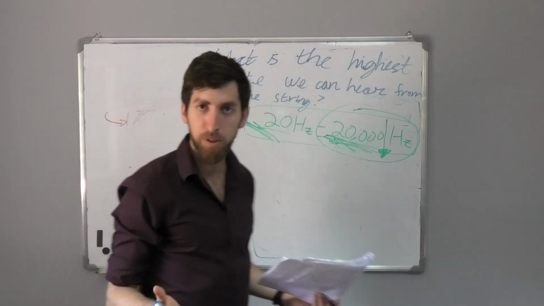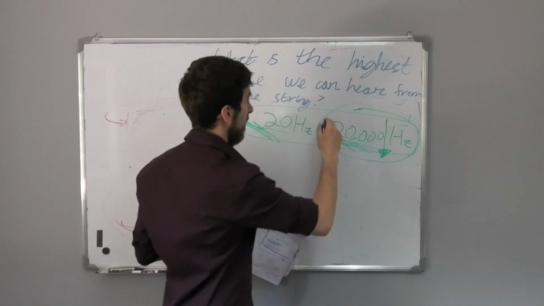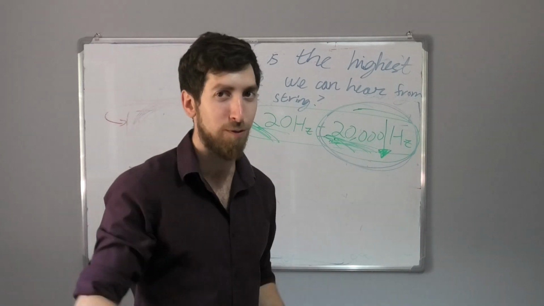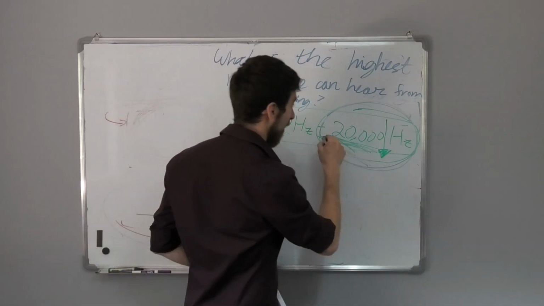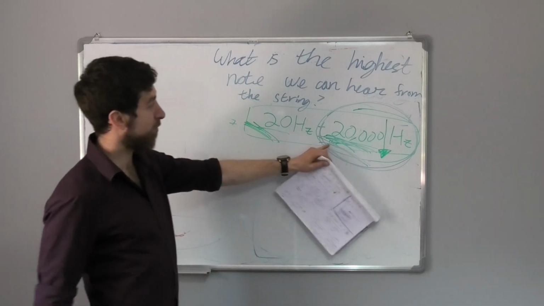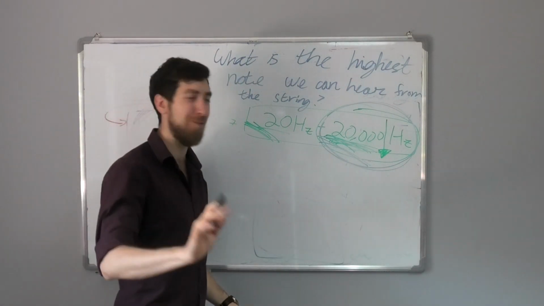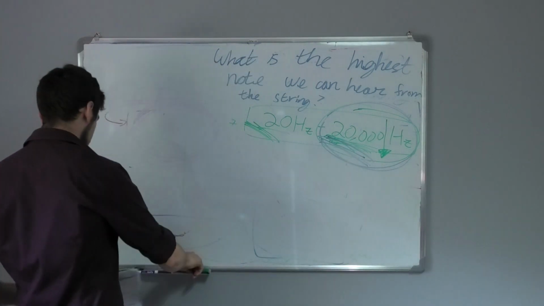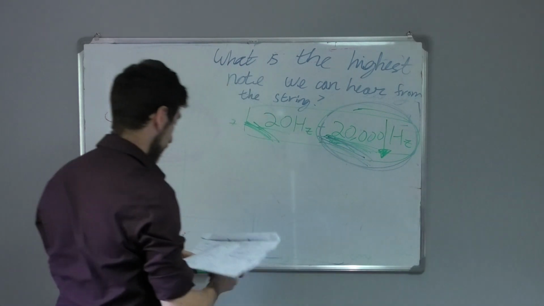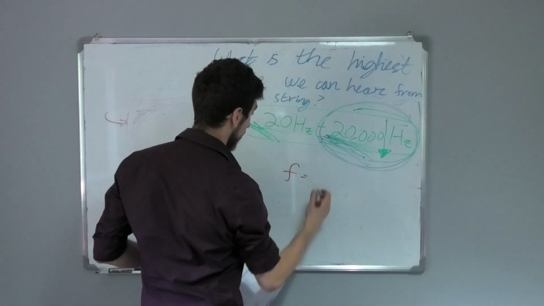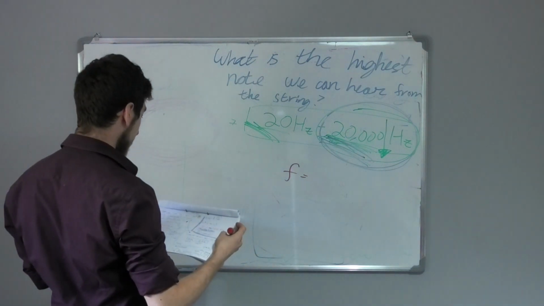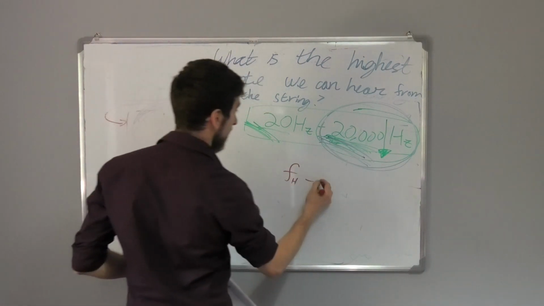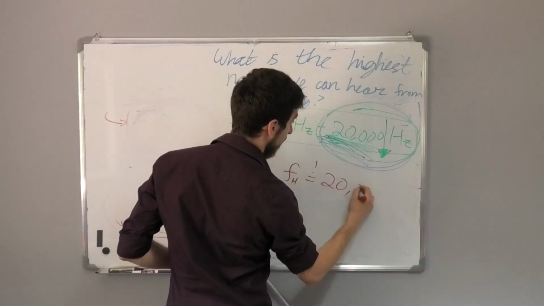So let's assume that you are perfect, and you can hear this one. You are really a good child, you didn't go to a lot of parties and you didn't ruin your hearing, and you don't need any hearing devices. You are a healthy, good person. So let's say that this is your maximum limit. If that's the case, we talked about the frequency: the highest we can hear, let's call it H, is 20.